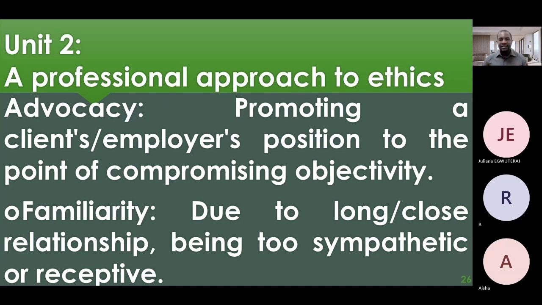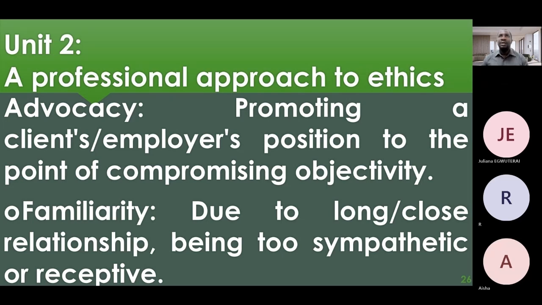Okay, so the next one is familiarity threat. Due to a close, long relationship, you are being too sympathetic or receptive, you start empathizing for a client or an employer, and it beclouds your judgment to a point where you've lost your objectivity. So familiarity threat with an employer or somebody you're working for should not becloud your judgment as a chartered accountant.